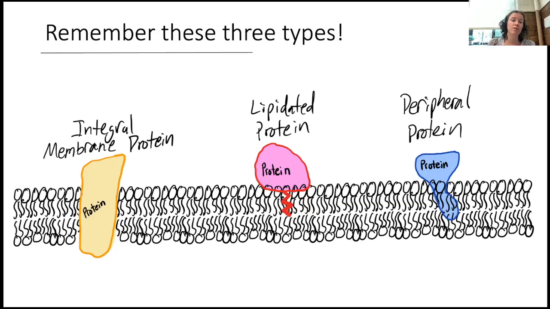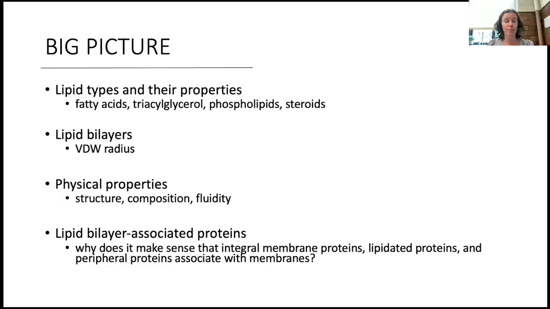Integral membrane proteins go all the way from one side to the other side of the bilayer. A lipidated protein has a covalently attached lipid that sticks into the bilayer. And finally, a peripheral protein is where just a little bit of the protein will either be touching the membrane or embedded slightly. And that is it for lipids, folks.